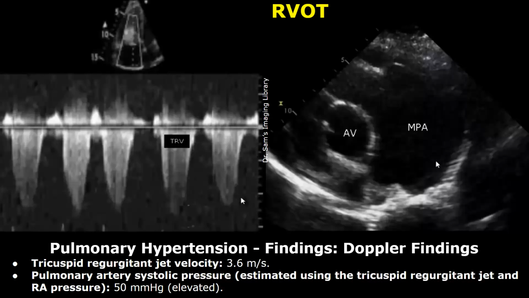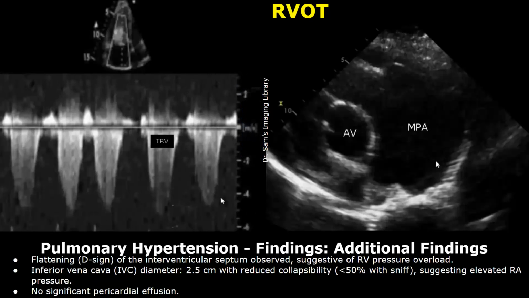Tricuspid regurgitant jet velocity is 3.6 meters per second. Pulmonary artery systolic pressure estimated using tricuspid regurgitant jet and RA pressure is 50 millimeters of mercury, which is elevated. These are additional findings.